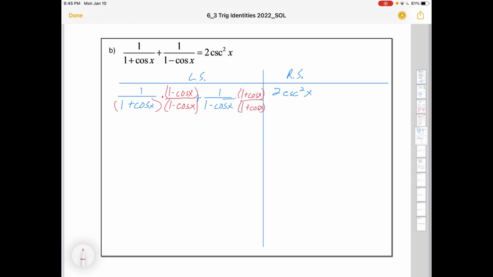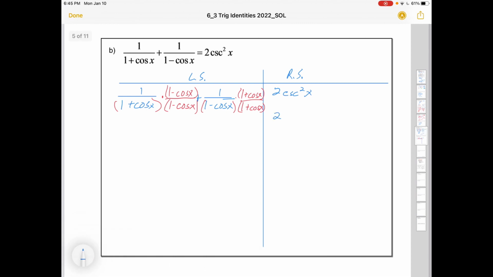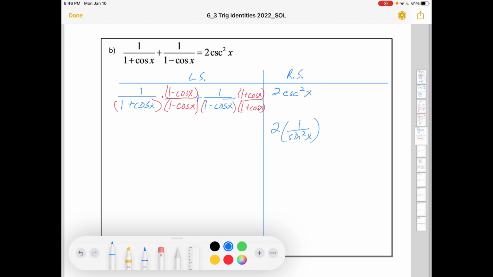At the same time, I'm also thinking my right-hand side doesn't have primary trig ratios, so I'm going to rewrite it in terms of primary trig ratios, like sine and cosine. So 2 over cosecant squared x is 1 over sine squared x. There's sort of my next step off from my right side. Let's work it through.